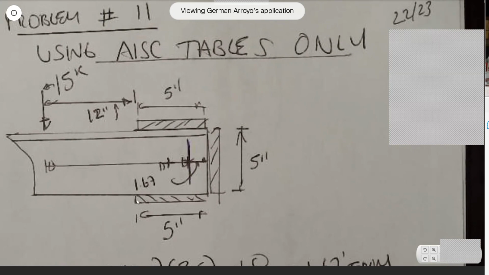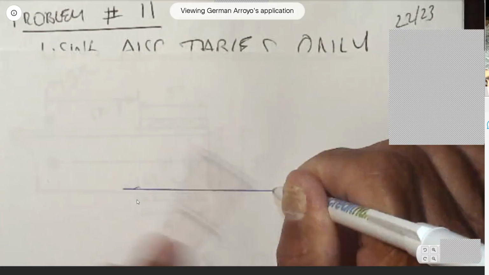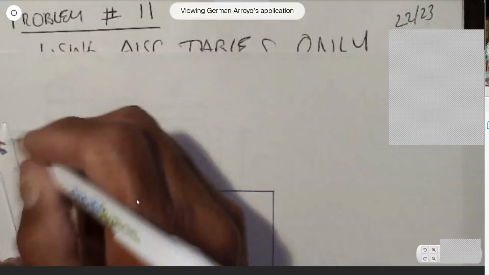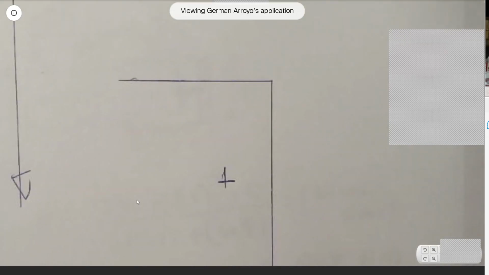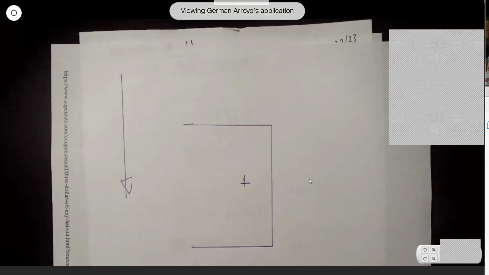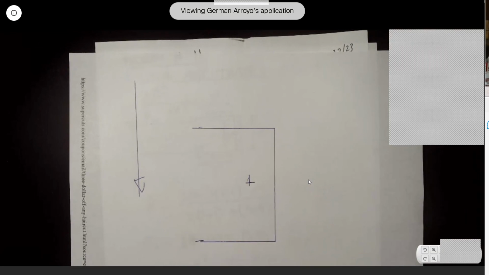No matter what shape I have in there, no matter if it's an angle or a channel, the group of weld that I have in there is going to look like this. So it doesn't matter what kind of shape this is attached to. The only thing that we're concerned with right now is the weld.